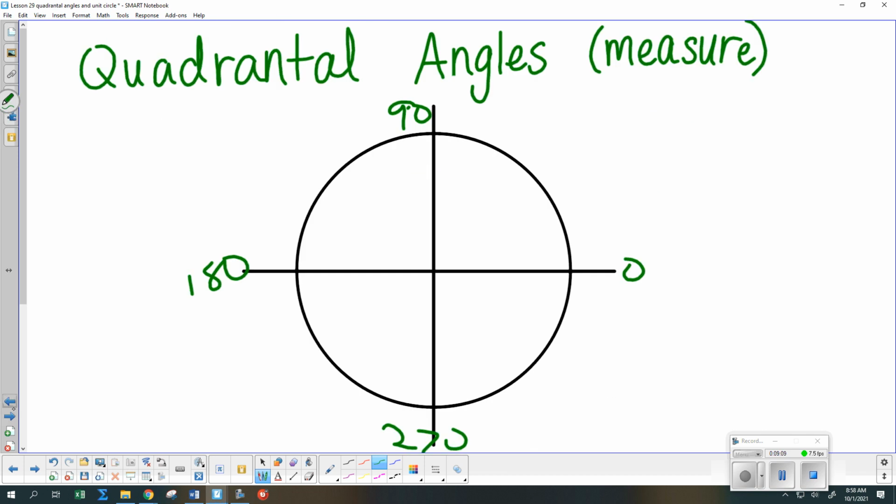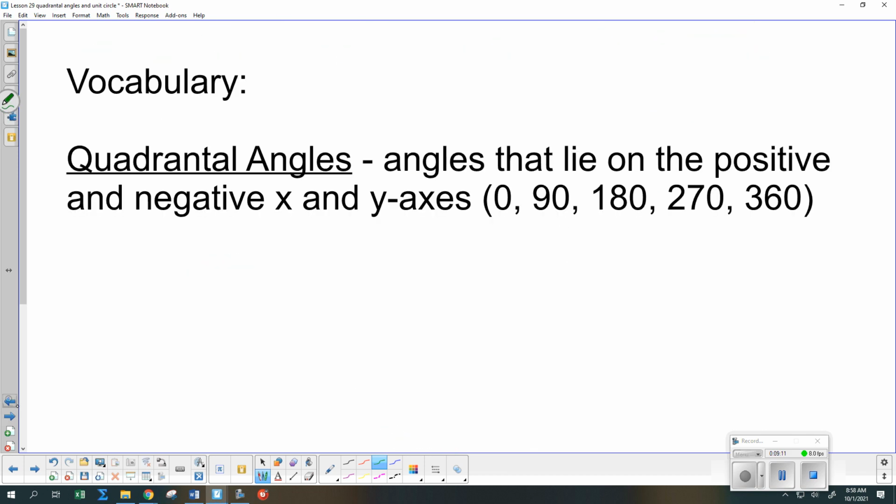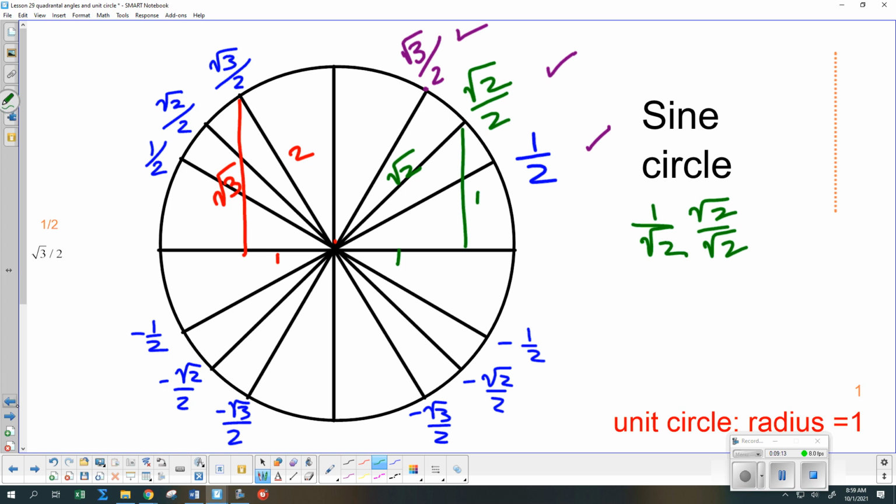Now notice when I did these triangles to figure these out and fill in the ones we already know, for this one right here, I said my radius was the square root of 2, but when I drew this one over here, I said my radius is 2. So I've got one circle there, and I was labeling two different kinds of radius measurements.